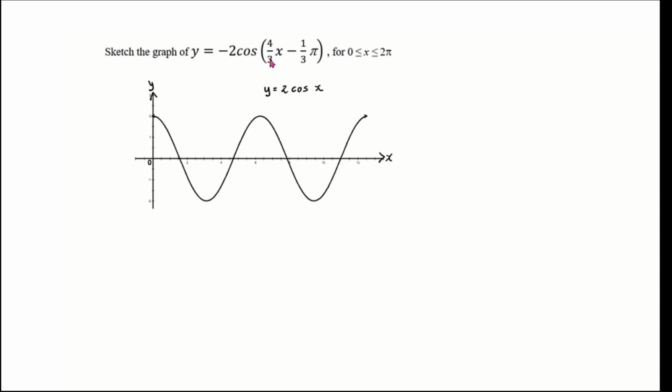Since the number of periods is more than 1, the parent graph will start from 2 periods. So first we label the graph.